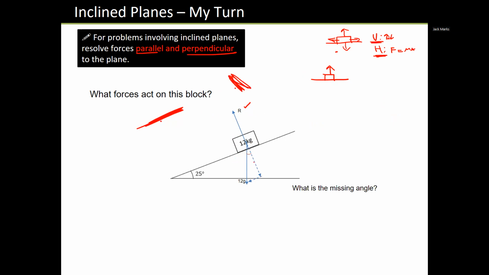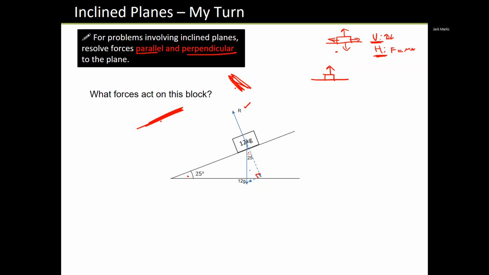Look at how the right angle triangle has been made. It's been made in such a way that you've got perpendicular here and parallel there. The angle in here will be the same as the angle down there. We could prove this, but we're not going to do that right now. So this will be 25. Now, 12g is opposite your right angle, so 12g is the hypotenuse.